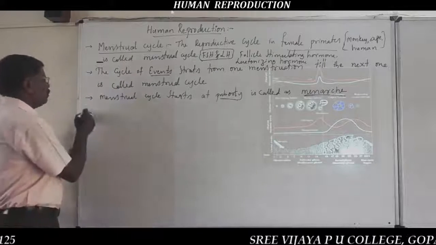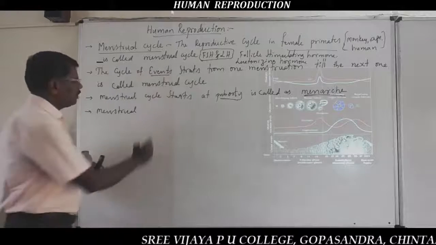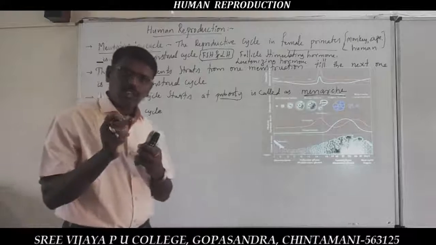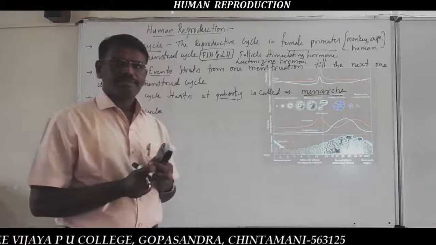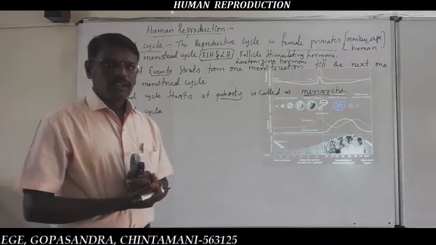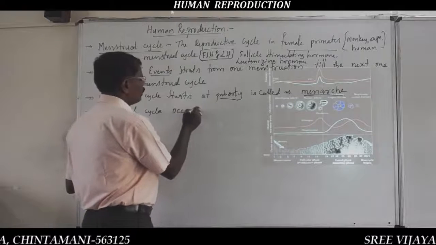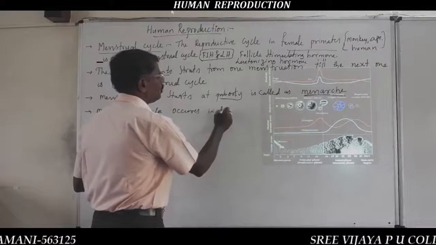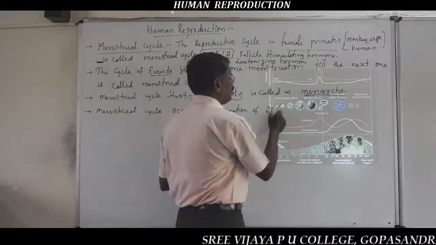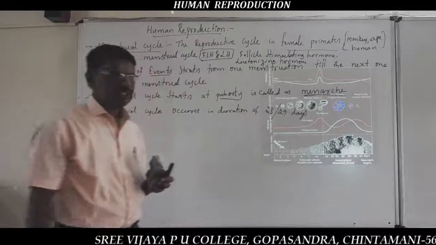These menstrual cycles occur continuously after puberty, once every 28 or 29 days.